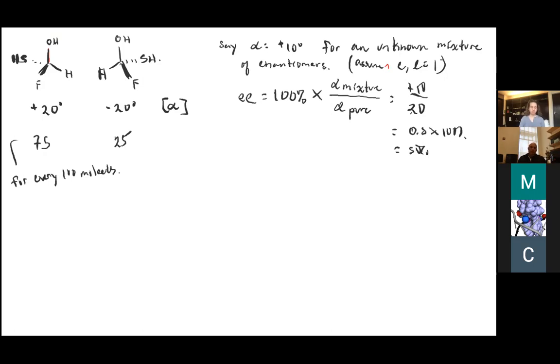And there are other analytical methods that are more accurate and amenable to small scales, such as HPLC, which have sort of replaced polarimetry, but it still gets used. If you can work within its limitations, it's a very fast and unambiguous way to determine EE.